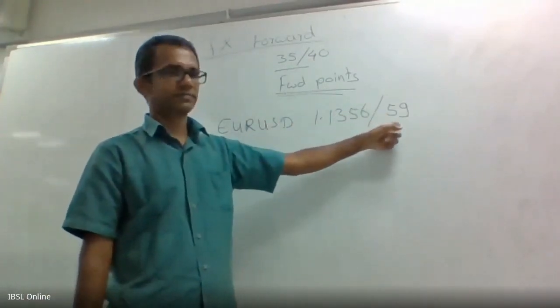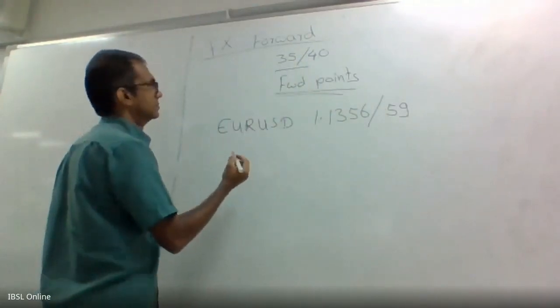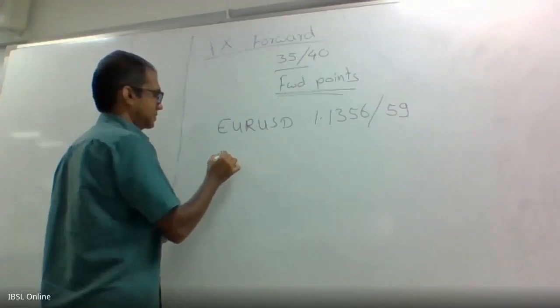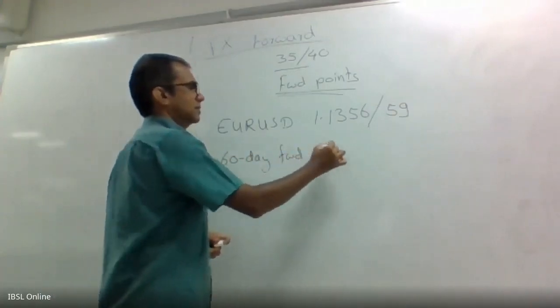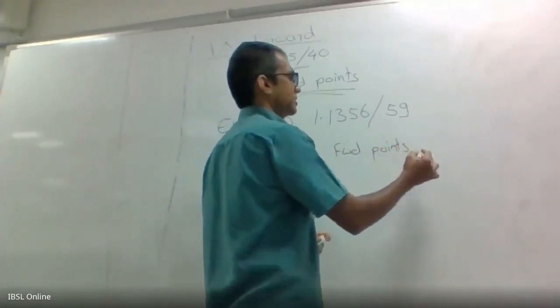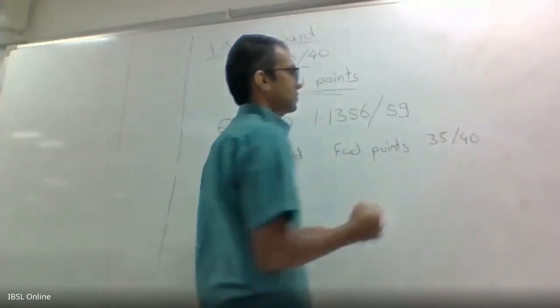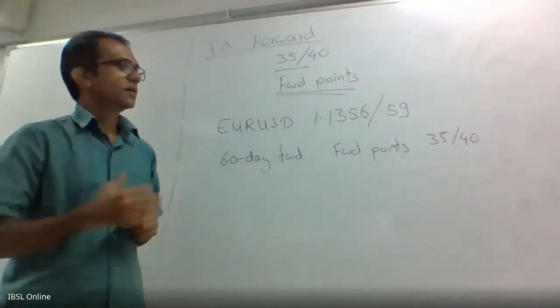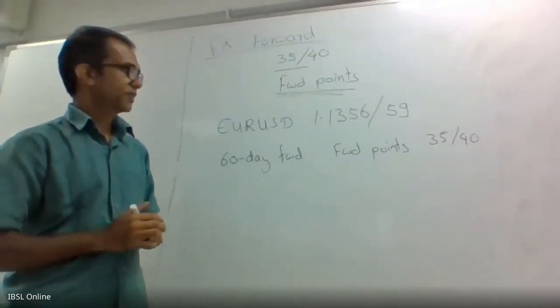This is offer. And you want a 60-day forward. Then the forward points are 35, 40. How do you derive the forward rate?